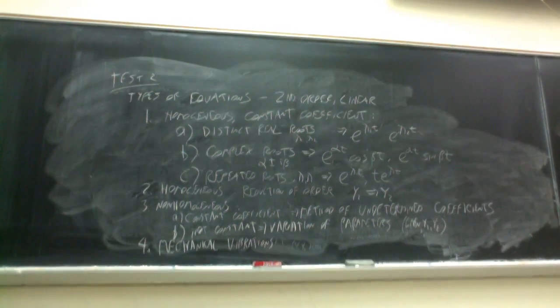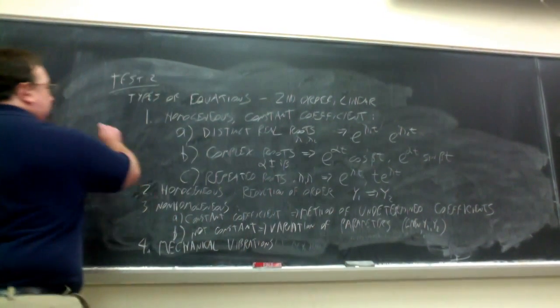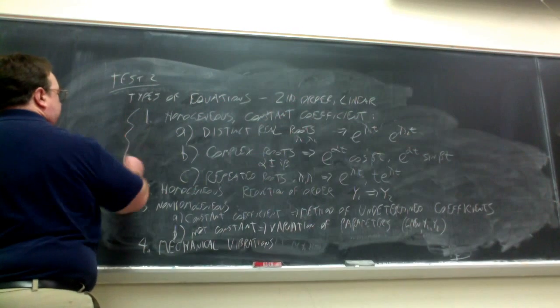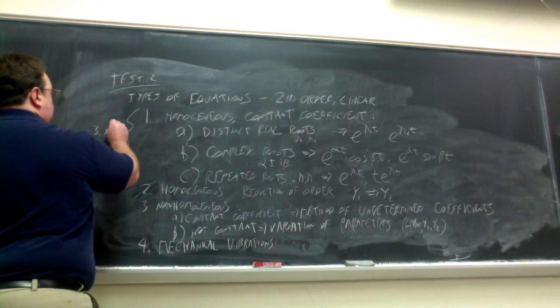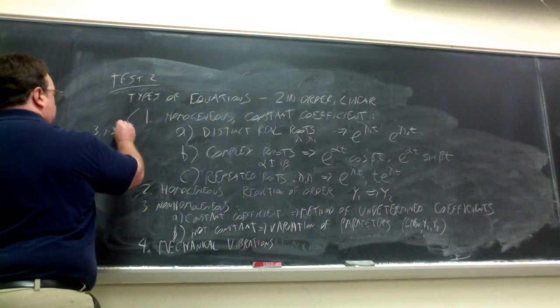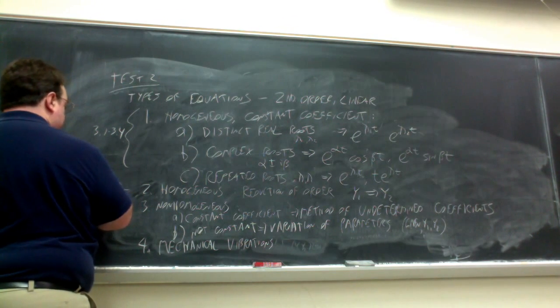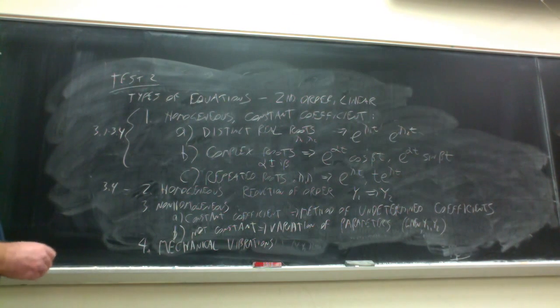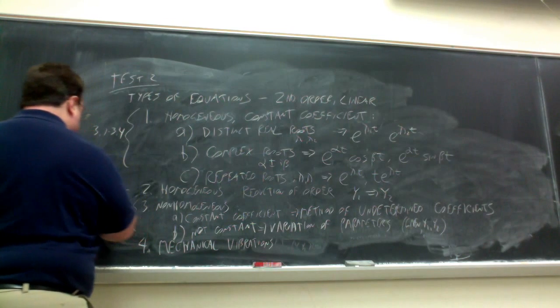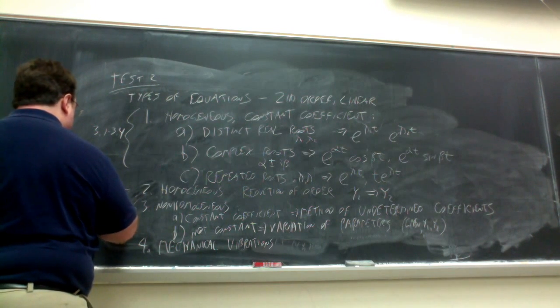So in the text, this is 3.1 to 3.4. Reduction of order is also 3.4. Non-homogeneous stuff is 3.5 and 3.6.